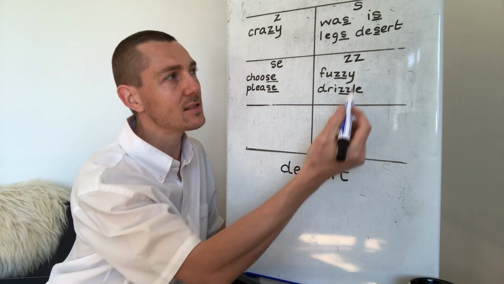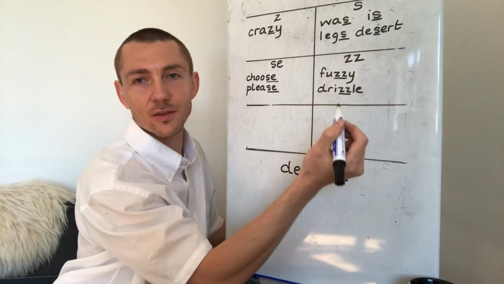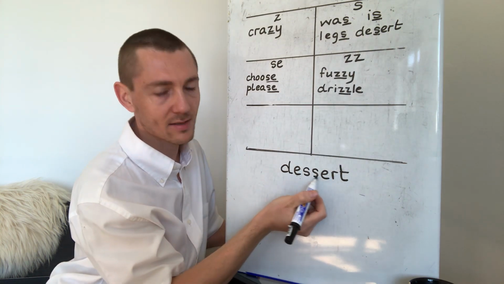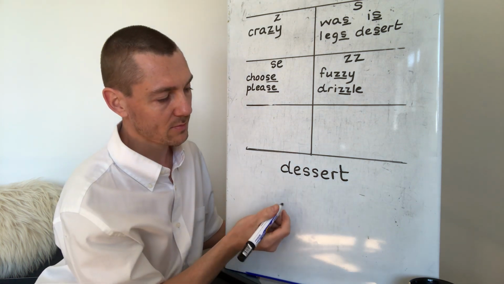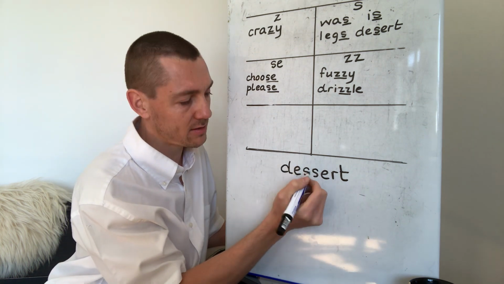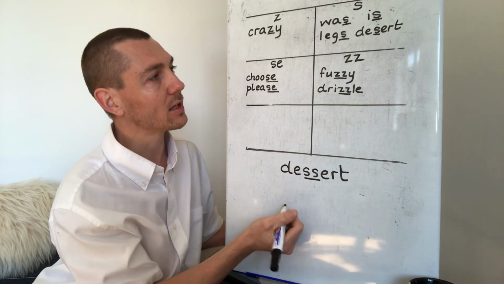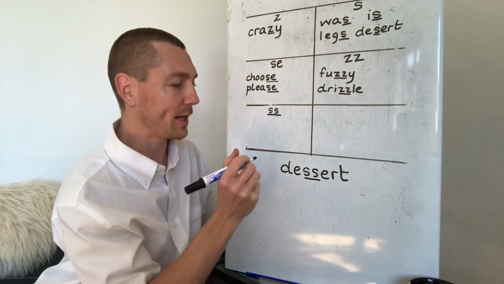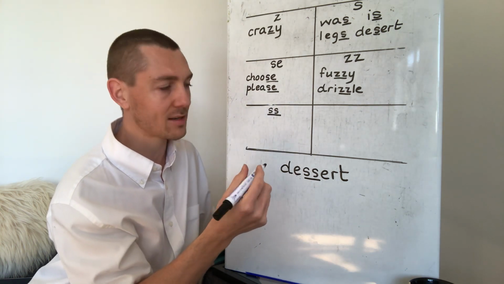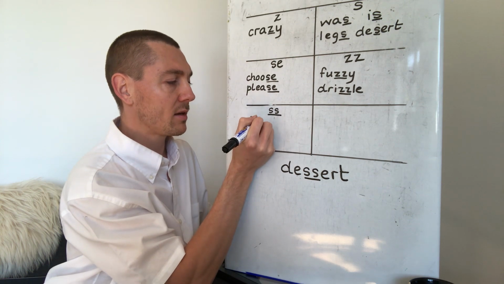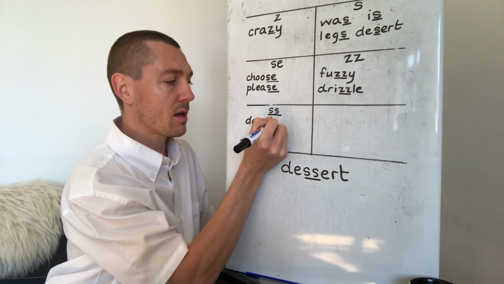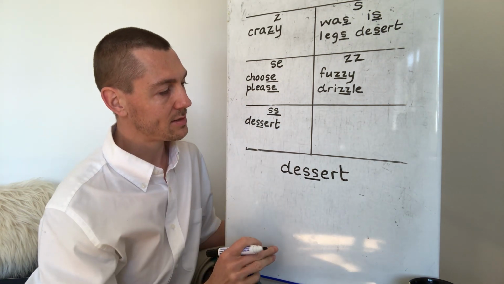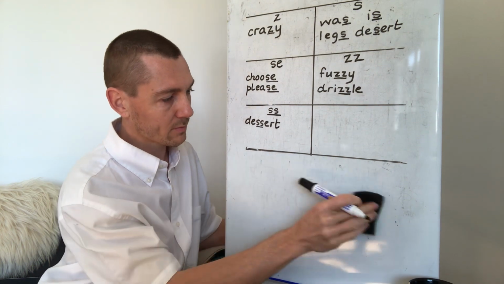Whereas in desert, it's a different emphasis on the vowel sound. And of course, in dessert, it's the double S spelling. So that's our 5th section. The double S spelling of the Z sound, like in scissors that we had yesterday. Dessert. Okay.